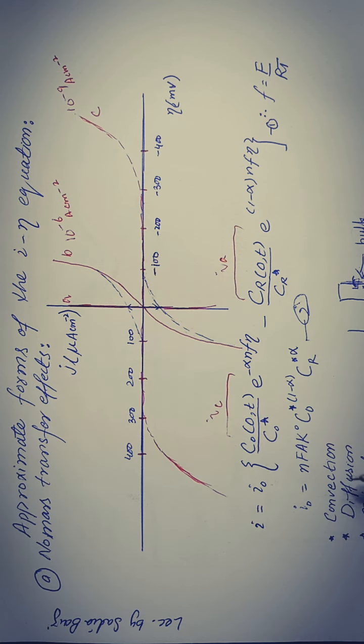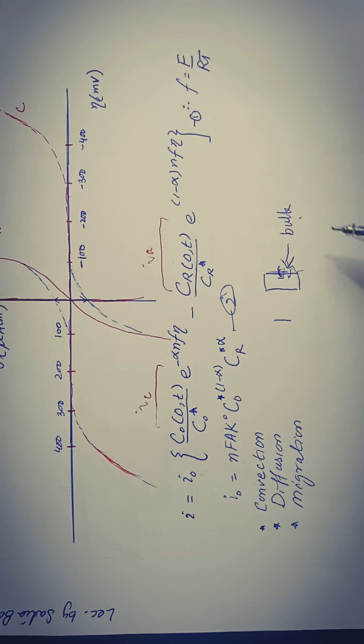So what is mass transfer? Mass transfer is the movement of the electroactive species, which can be the analyte or any other species, from the bulk of the solution towards the electrode surface through convection, diffusion, and migration.